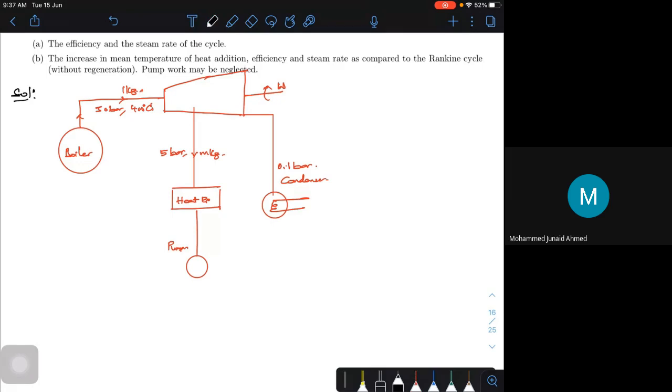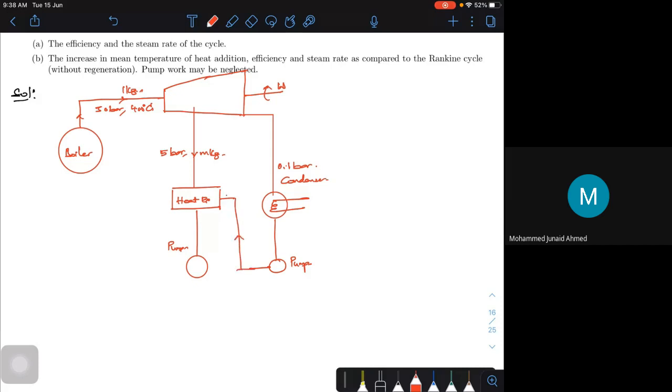And this will come over here, this feed water. So I have one more pump here. This will be feeding the water to this heat exchanger.